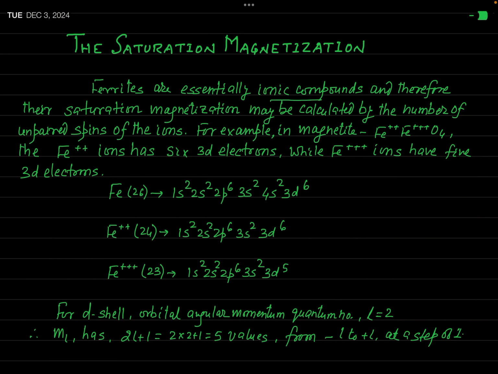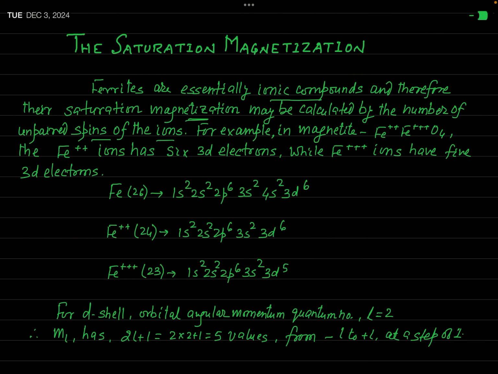If the crystal is ionic, the saturation magnetization will be calculated from the number of unpaired spins of the ions. So first you have to see the total number of unpaired spins present in the ions, and that number will decide the saturation magnetization.